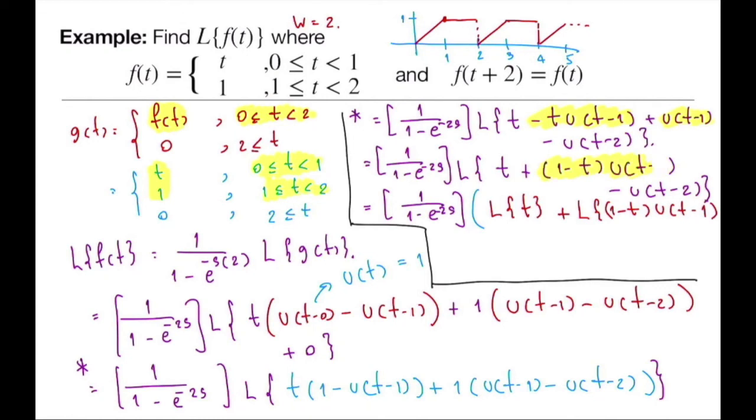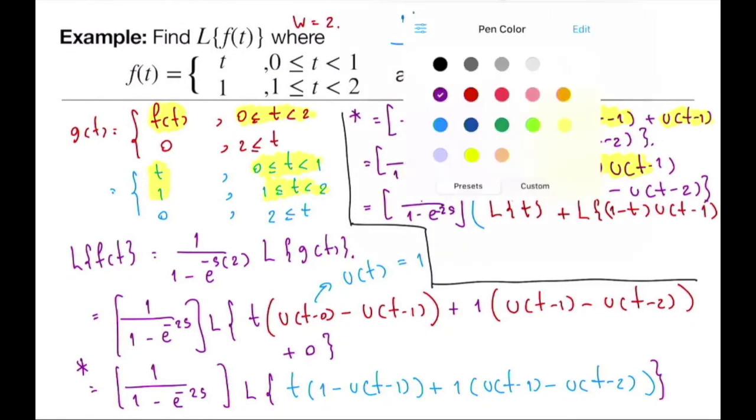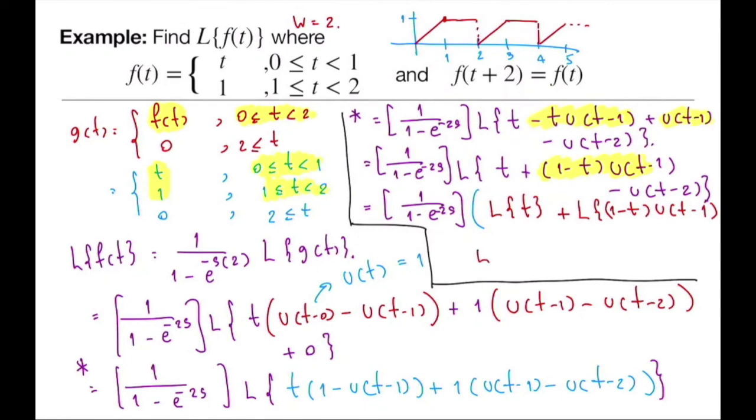It's written badly, but I hope you know it's 1. And the last one would be minus the Laplace transform of u(t minus 2). Okay, I'll just copy these and go to the next page.